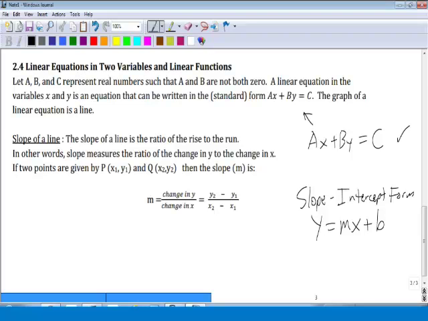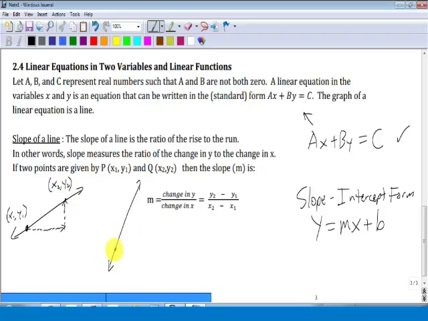Slope is basically a number, a real number that we can assign to a line as an indication of how steep the line is. So if we've got say a couple of lines that are both rising as we go from left to right, say that one and maybe this one right here, what we want to compare is the ratio of the vertical change, I guess I should write it in that direction, to the horizontal change that takes place when you move from one point, x sub 1, y sub 1, to another point, x sub 2, y sub 2 on the line.